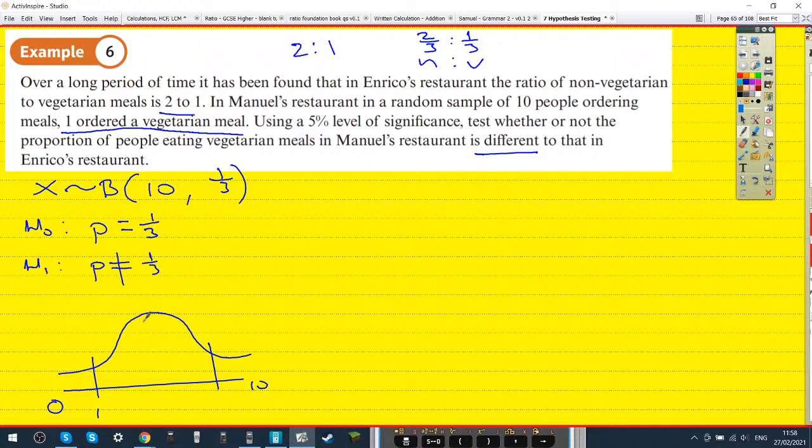So for this, would you put the lower as 0 and the upper as 1? Correct. I got 0.104049. All right, so that's 10.4%.